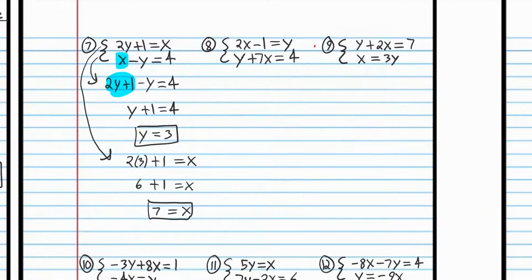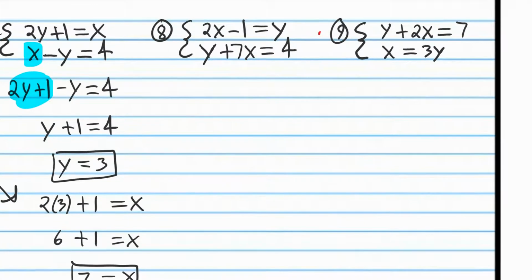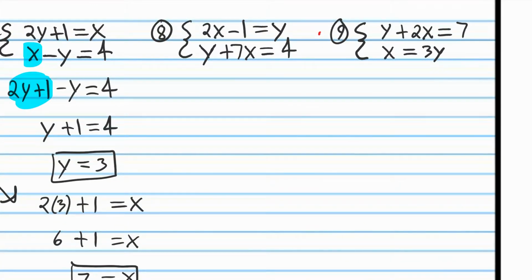All right. So why don't you try number 8, and when you come back, we'll do it together. All right, we're back. So this is the equation where y is solved for, so I'm going to take the other equation and rewrite it, but instead of y, I'm going to write what y equals, and y equals 2x minus 1. So again, that goes here. And then just rewrite the other parts of the equation.